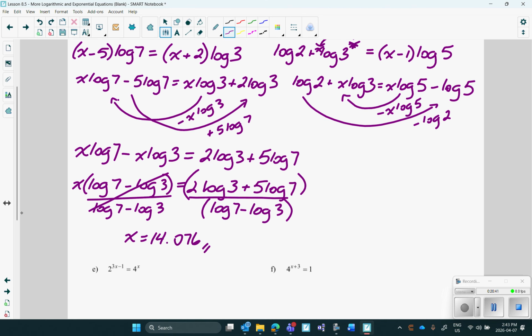So when I do that, I'm going to get x log 3 over here, and this comes over and becomes minus. I've already got negative log 5 over here, and this comes over and becomes minus.